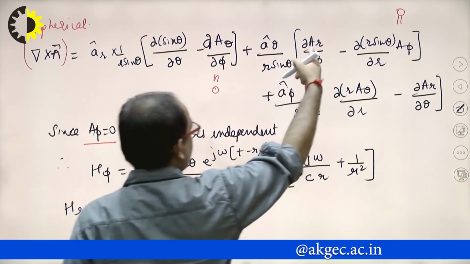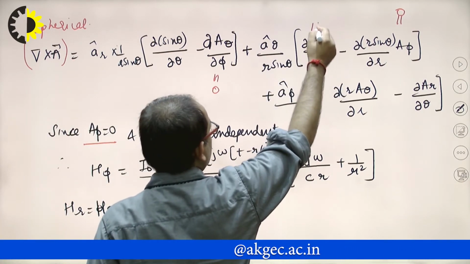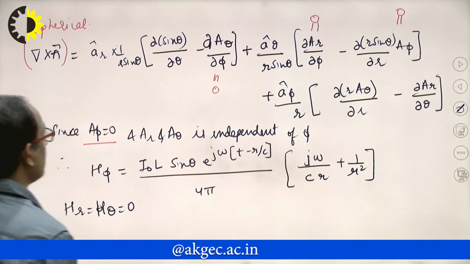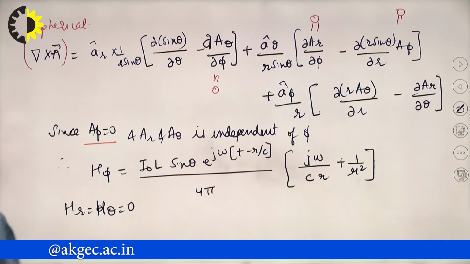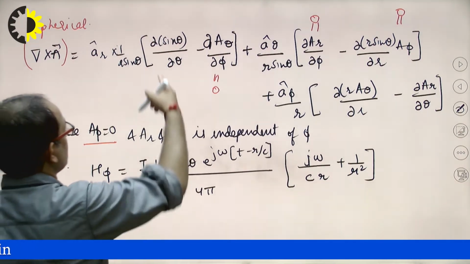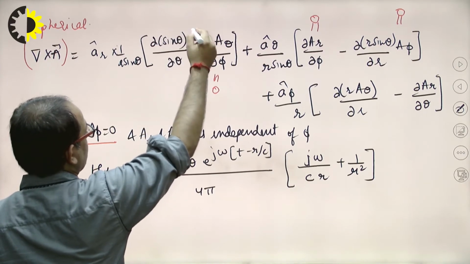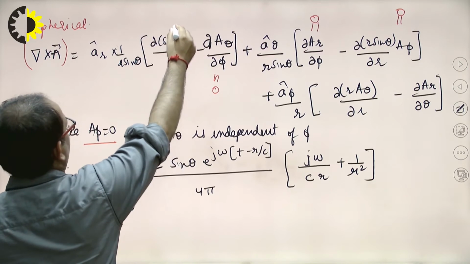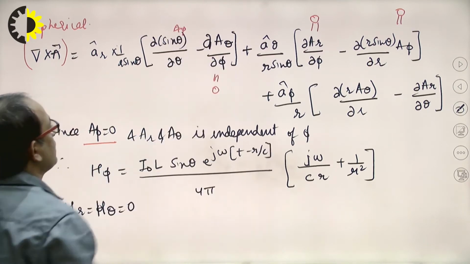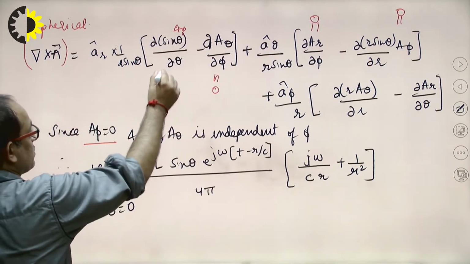And when A r is independent of phi, this term will also be 0. And here, this will be multiplied by A phi, so this will also be 0.